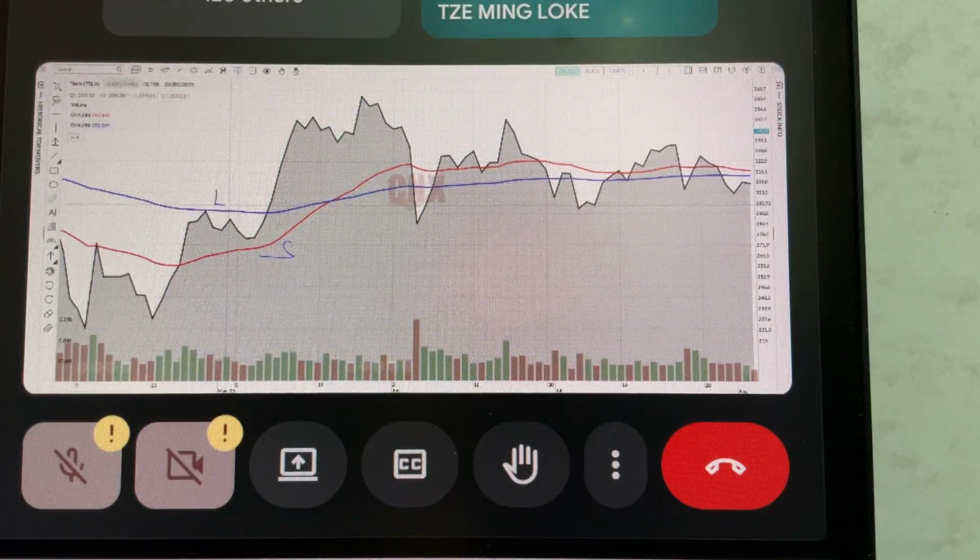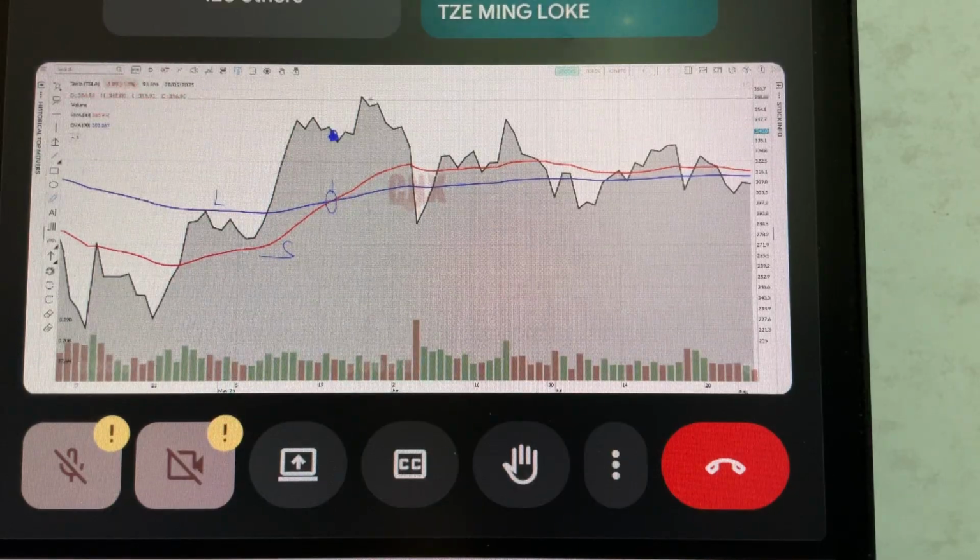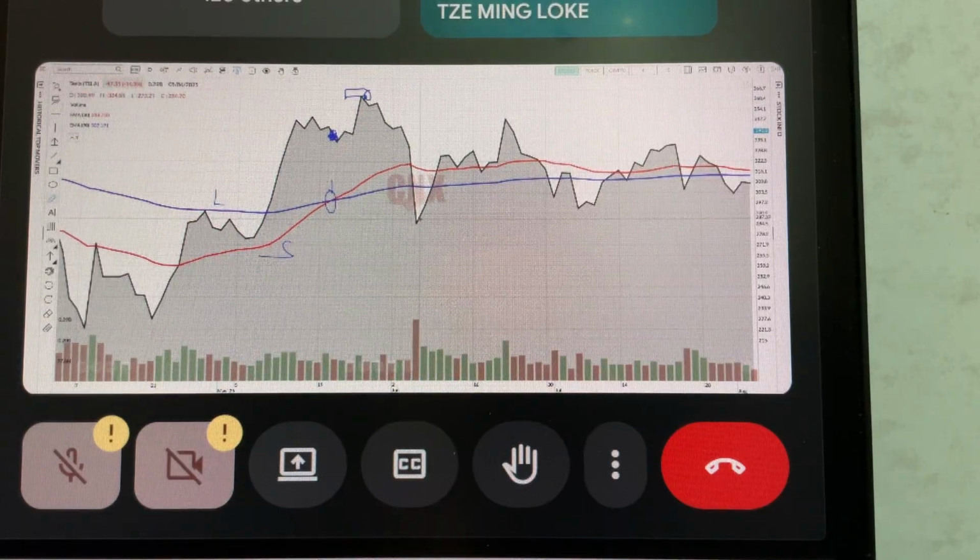Blue color is the long line. So when the short line cuts above the long line, this is the buy signal. So here is the buy signal. That means you will be buying here. After you bought, the next few days it goes up, then after that it comes down again.